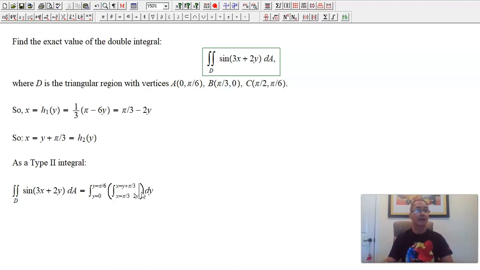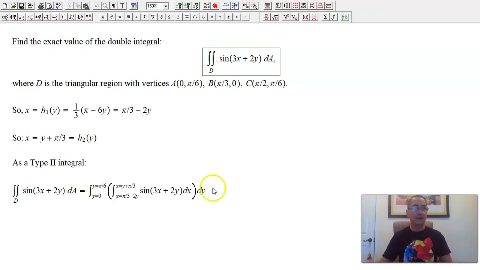Of course, we have a dx on the inside, and our function is this. So that is the complete type 2 setup. Only one integral. If we did it by type 1, you would need to add 2 integrals.